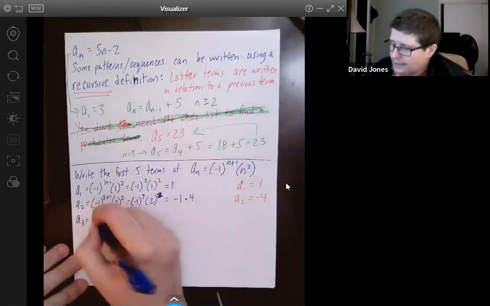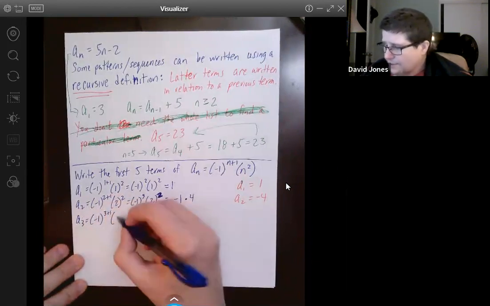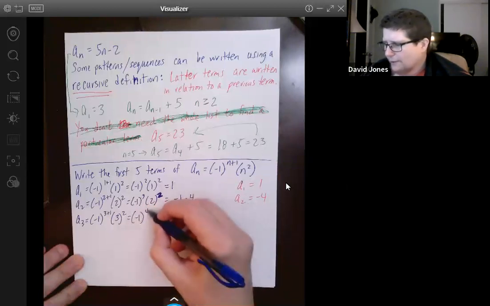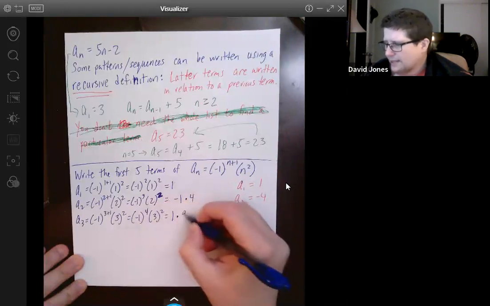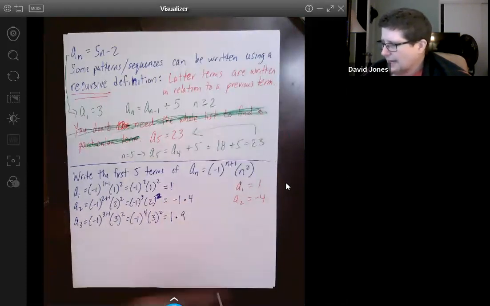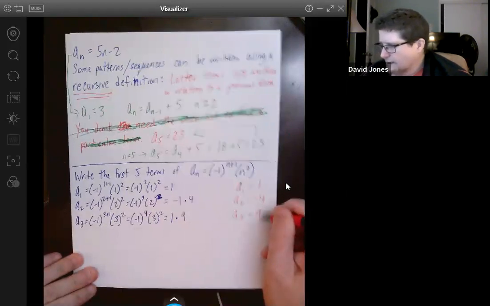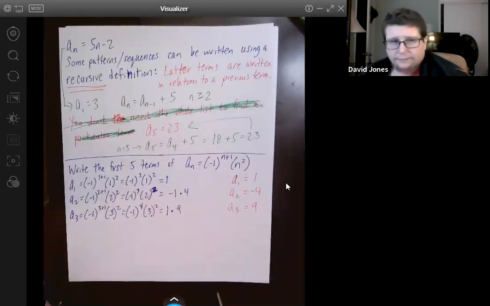A sub 3 is -1 to the 3 plus 1 power times 3 squared, which is -1 to the 4th power times 3 squared. Is 1 times 9. A sub 3 equals 9. Okay.